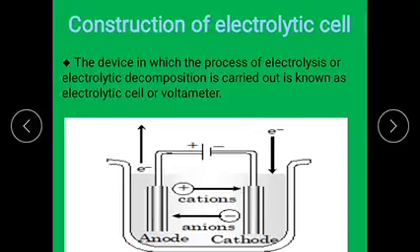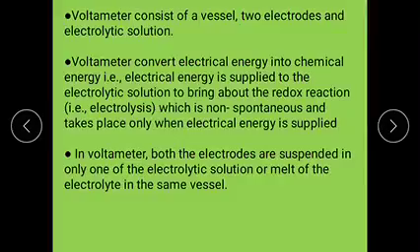The construction of the electrolytic cell: a device in which the process of electrolysis or electrolytic decomposition is carried out is known as an electrolytic cell or voltameter. This voltameter consists of a vessel, two electrodes, and electrolytic solution.